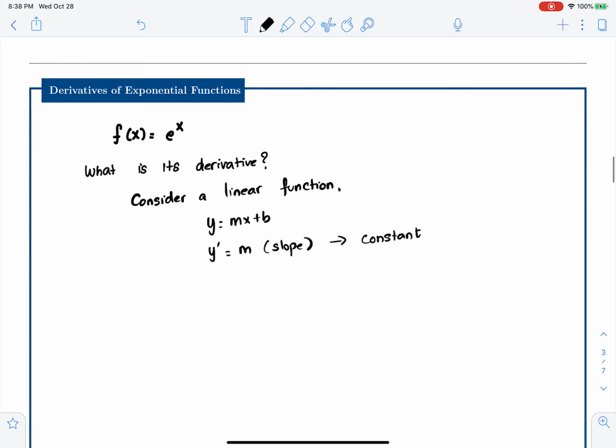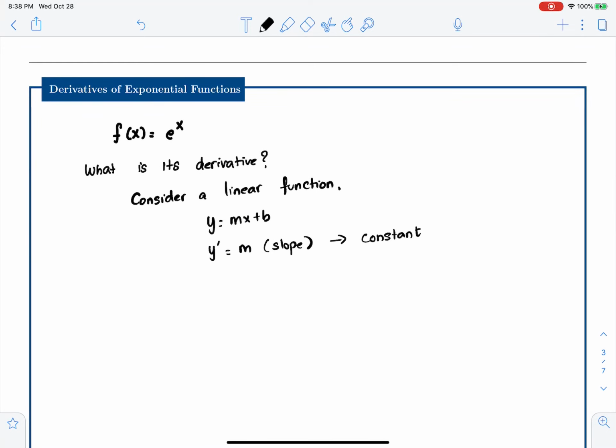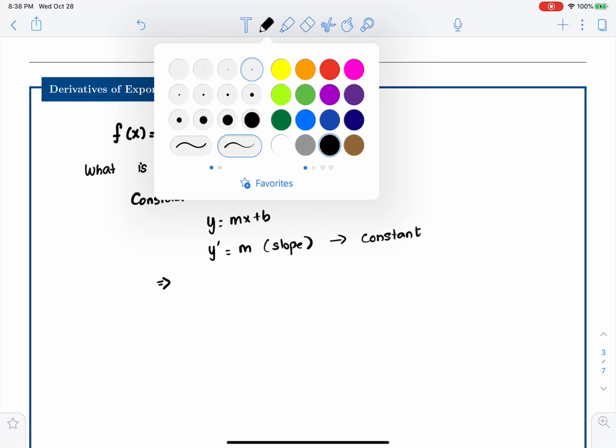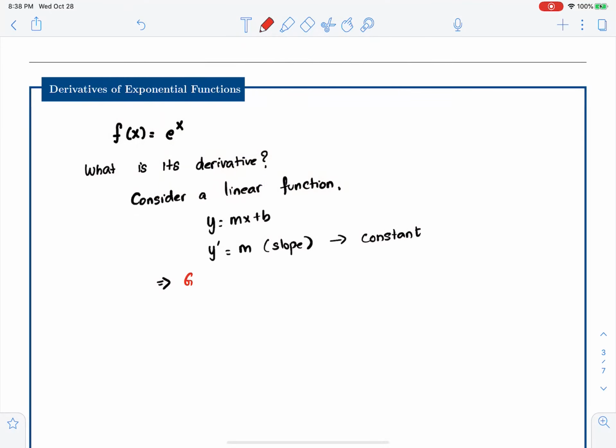In other words, the derivative of a linear function is constant, which would imply the growth of a linear function is constant, and in this case with rate m, and that m is the slope.